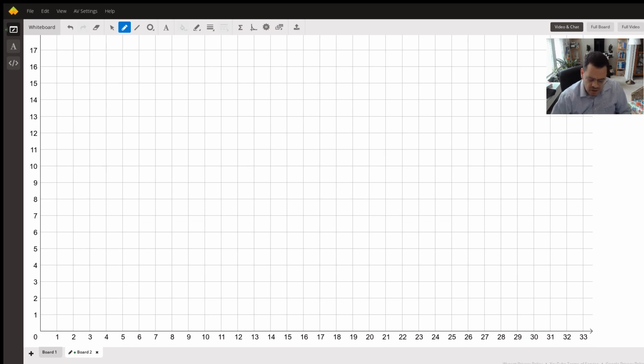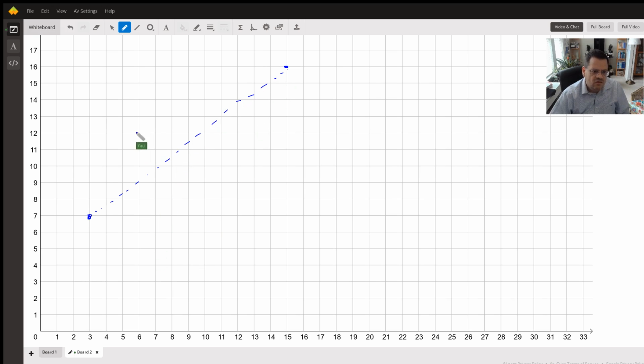Okay, so the first one is 3, 7, which is here. And the next one is 15, 16. So you go over to 15 and up to 16. And they want to know the distance, right? That goes across there.